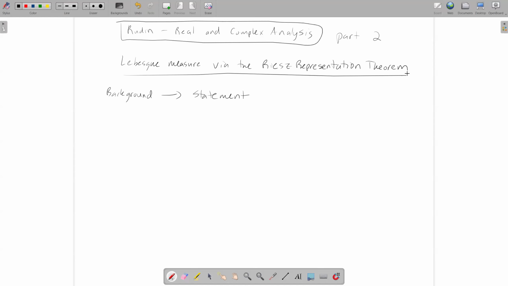And then I went through some basic definitions of sigma algebra and a measure, positive measure specifically, and how you define the Lebesgue integral or the abstract integral.